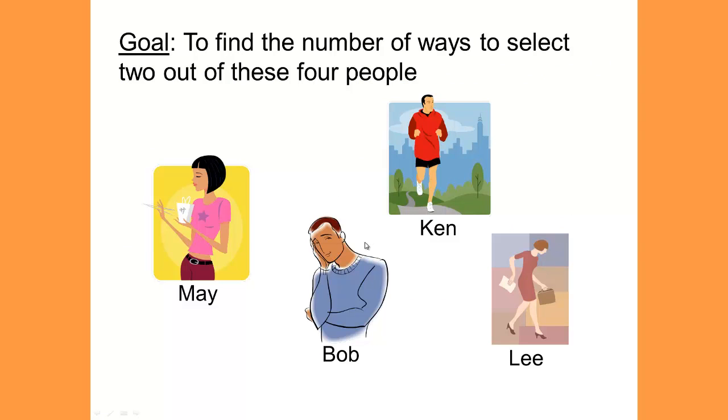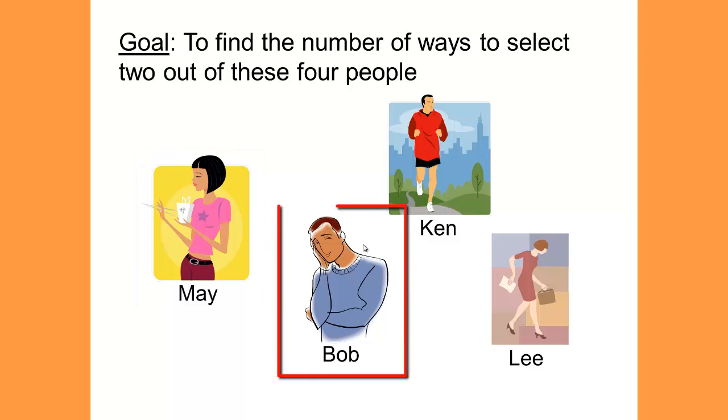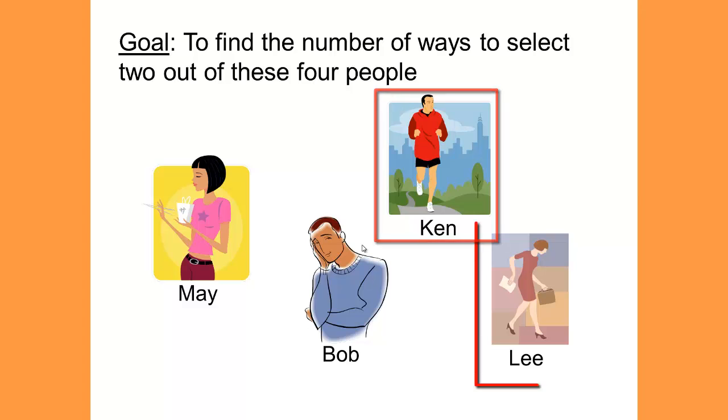So our goal in our example to introduce these two types is to select 2 people out of these 4 people. So it's to find the number of ways to select 2 out of these 4 people. And we have May, Bob, Ken, and Lee.